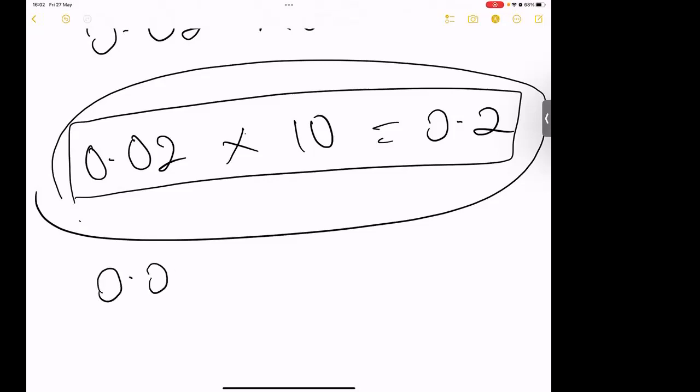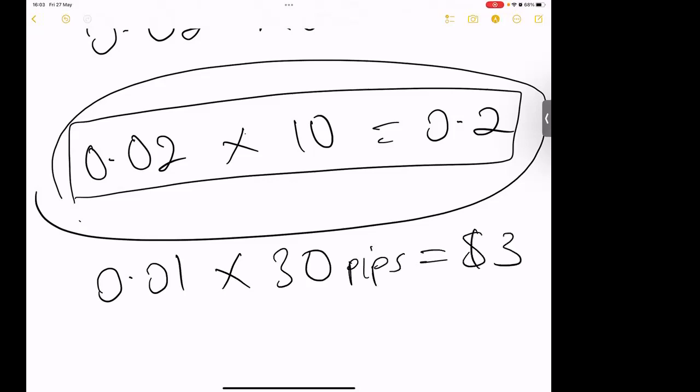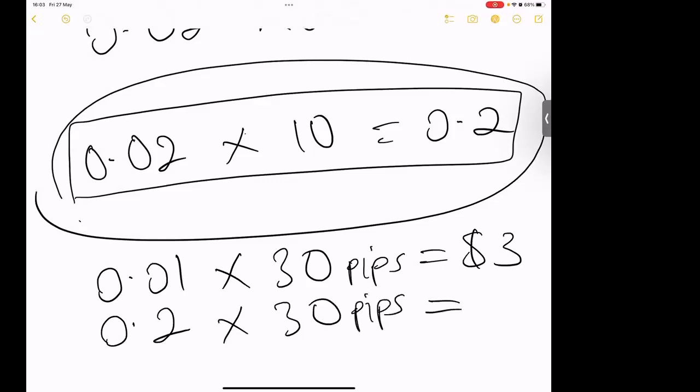But 0.01 times 30 pips drawdown means I've lost just $3. 0.2 times 30 pips drawdown. All right. So 0.1 will be $30. 0.2 will be $60 I've lost only.